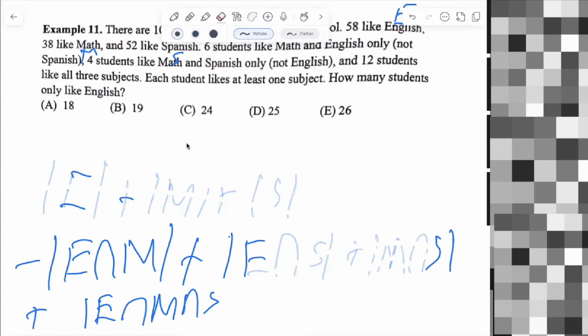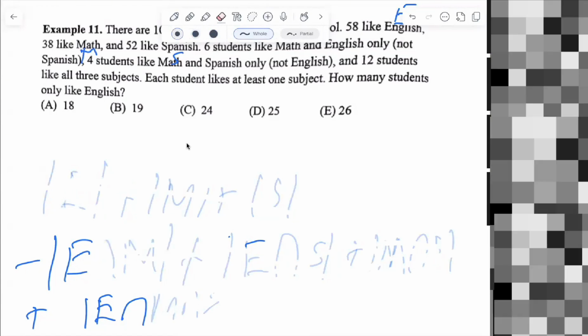I'm going to go ahead and erase all of this, since I think we get it.